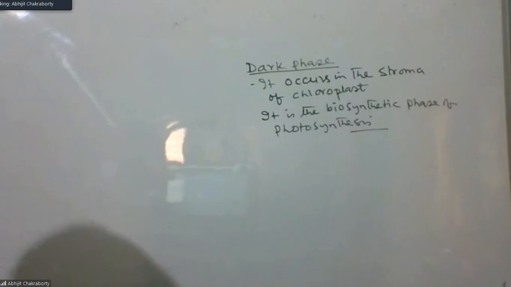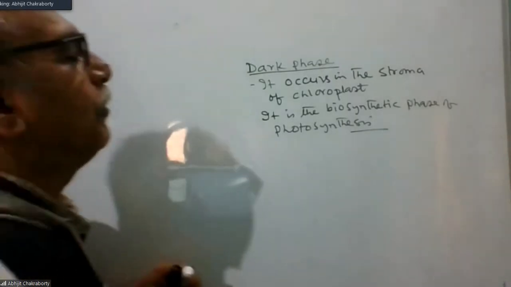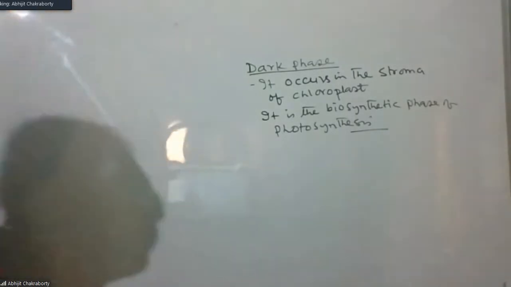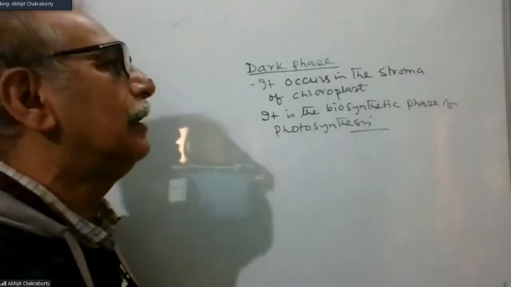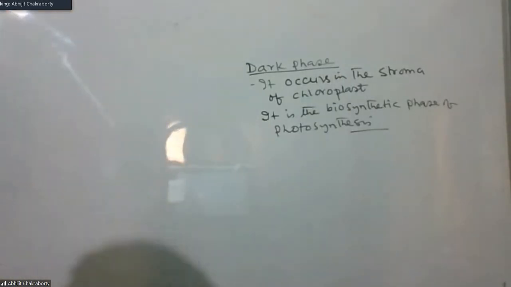Why is it called the biosynthetic phase? Because in this phase food is prepared. And as I said earlier, it occurs in the stroma of the chloroplast only during daytime, because the light phase and dark phase are interdependent. So the most important pathway of the dark phase is the Calvin cycle.